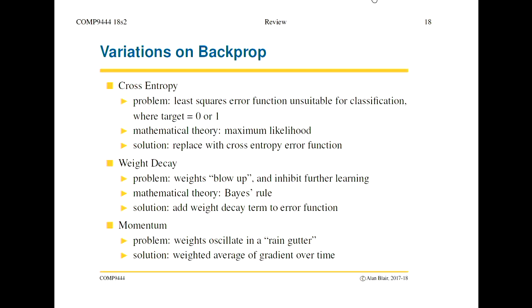That's the mathematical theory, and then the intuitive explanation was, when the weights get too big, especially if we're using a sigmoid or hyperbolic tangent, then learning kind of stops because we're in that flat region of the activation function. So this weight decay has the effect of preventing the weights from blowing up too much.